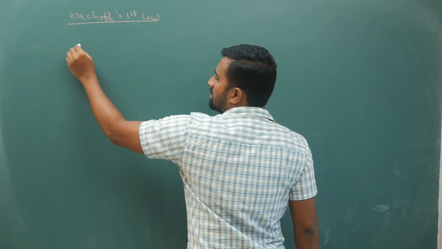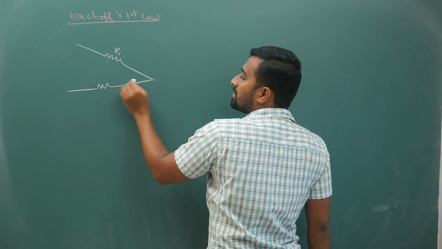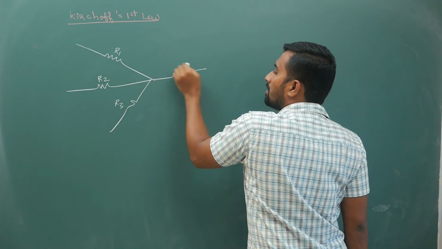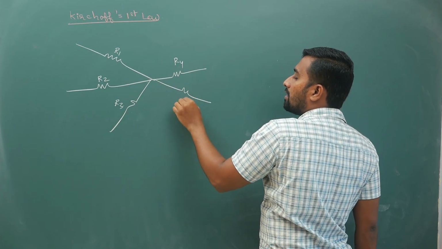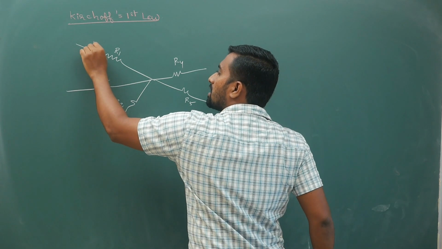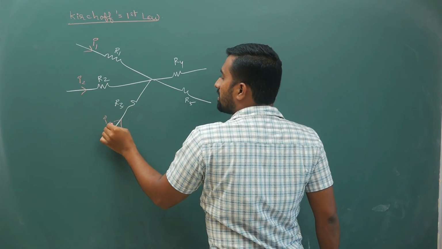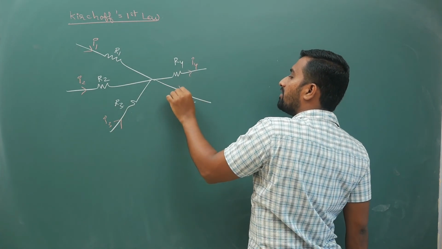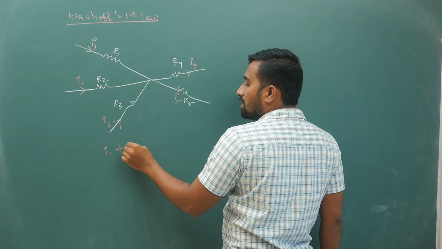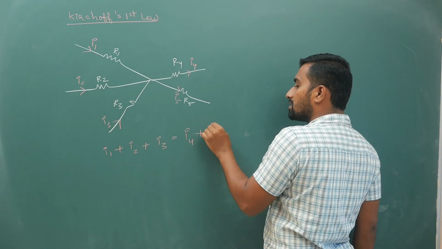If you have resistors R1, R2, R3, R4 and R5, and currents I1, I2, I3 enter while I4 and I5 leave, then I1 plus I2 plus I3 is equal to I4 plus I5.